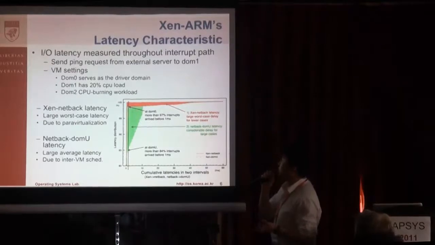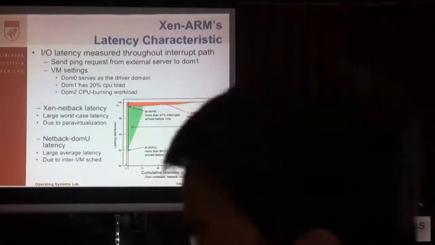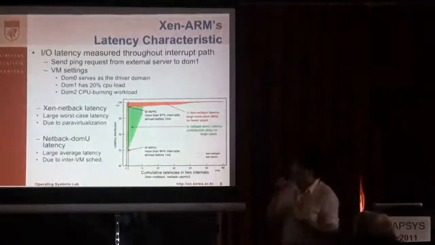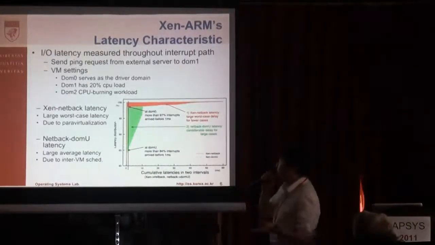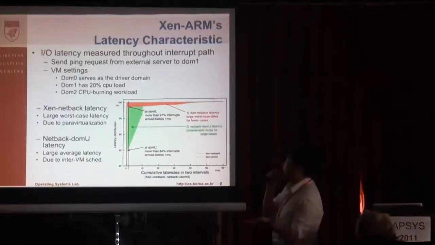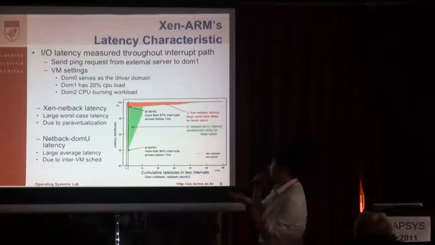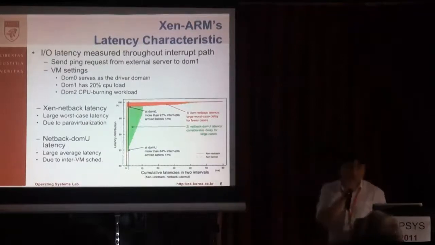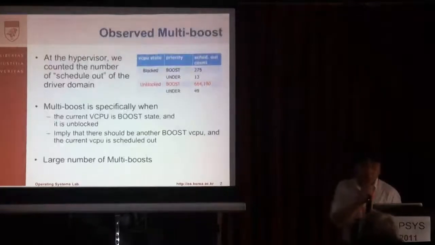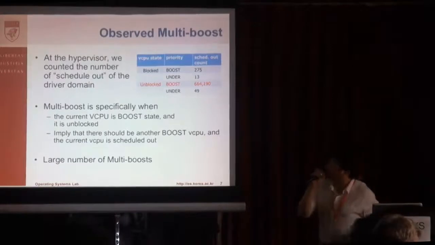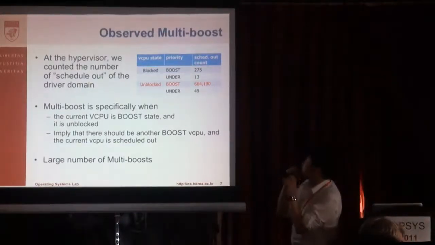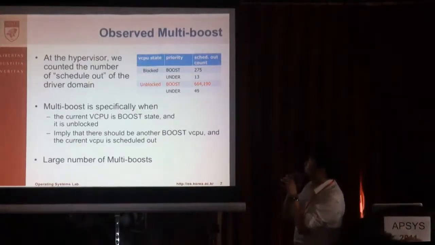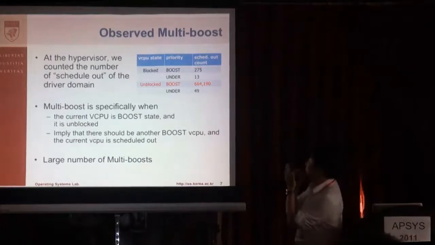It shows considerable delay in most cases. In usual Xen situations, 84% of interrupts are handled within 1 millisecond.